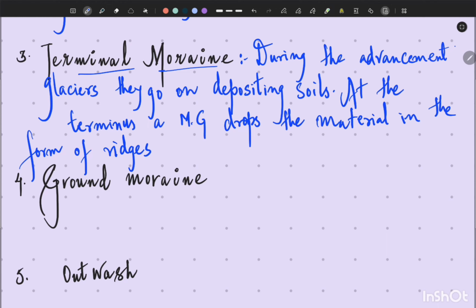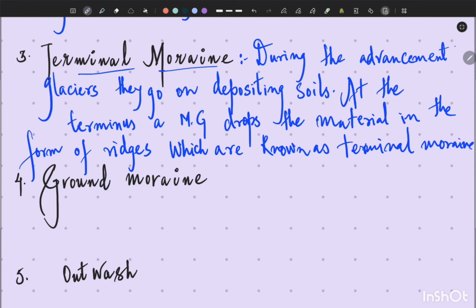Those ridges are known as terminal moraine. This is the definition of terminal moraine: glaciers are one of the agencies of transportation, and at the terminus, a melting glacier often drops the transported material in the form of ridges, known as the terminal moraine.